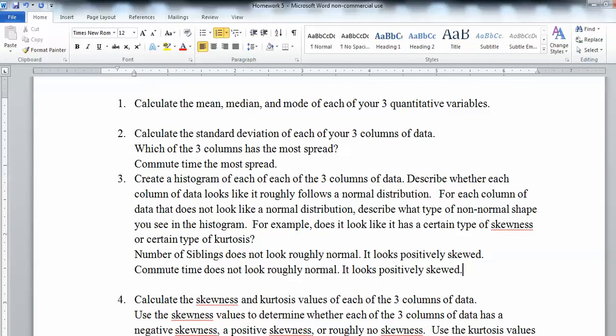And if one of these did look roughly normal, for example if commute time did look roughly normal, I would say commute time does look roughly normal, and then I would stop because there's nothing else for me to explain. But if it doesn't look roughly normal, then I have to explain in more detail why it doesn't look normal.